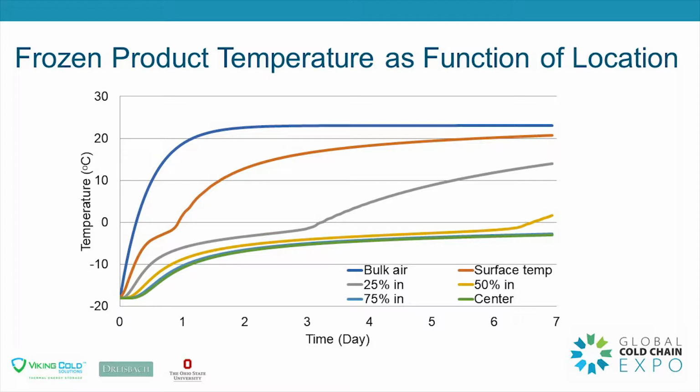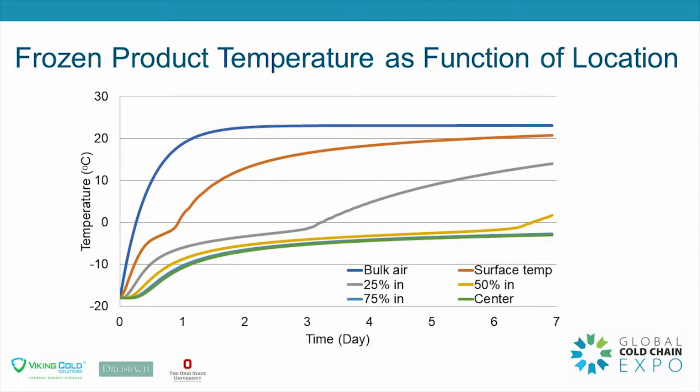What this slide shows, and this is what I'll relate to you, the product at the surface is the product that's influenced most significantly because it's the closest to that elevated air temperature. The product that's in the center of that pallet is insulated. Frozen foods are excellent insulators against elevated temperatures.